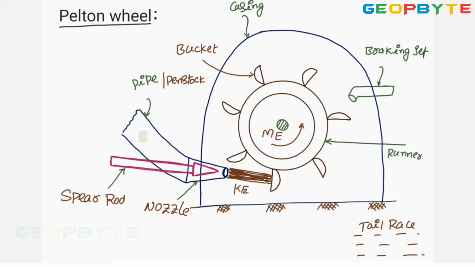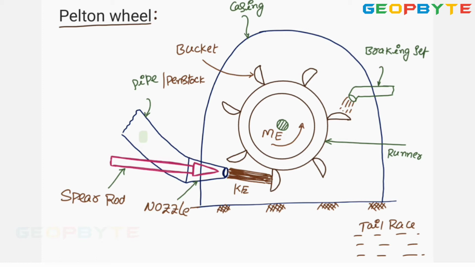For minimizing the unwanted revolutions, whenever you stop the main jet of water to the turbine, the braking jet comes into picture to supply a small quantity of water exactly opposite to that of the turbine rotation.